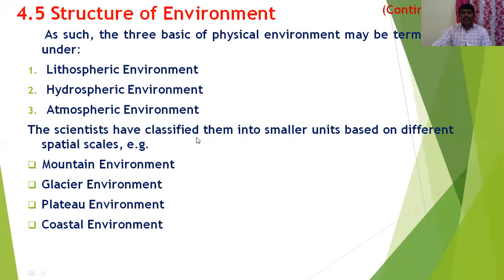The scientists have classified them into smaller units based on different spatial scales. For example, mountain environment, glacier environment, plateau environment, and coastal environment.